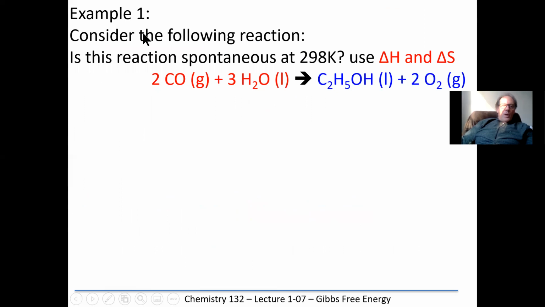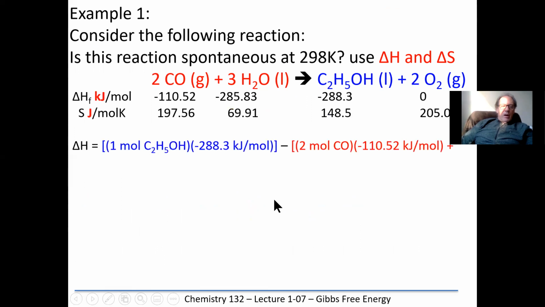Let's look at an example 1 here. Let's consider this reaction. Is it spontaneous at 298? Use delta H and delta S to calculate it. Here is the reaction, balanced equation. Here are our values for heats of formation and for entropies. Notice again the entropies. The gases have higher values than the liquids.